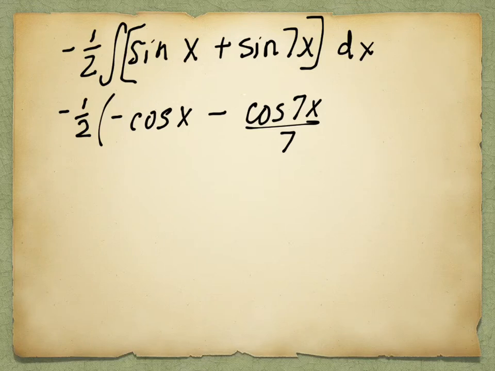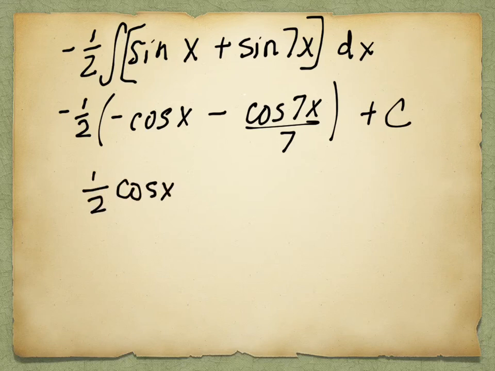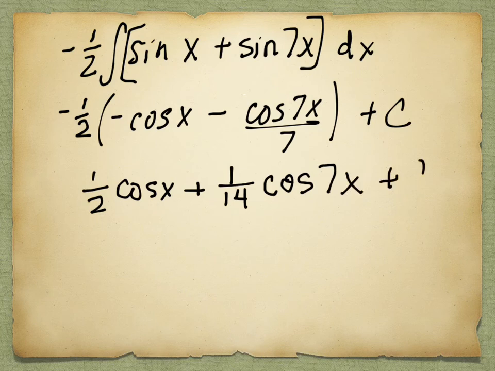If you were taking the derivative, it would end up being multiplication, right? Chain rule here, right? Okay. And then I have a plus c on here at some point. I can distribute with my negative 1/2, which is just great that it's negative now because I'm going to end up having no negatives, aren't I? This is 1/2 cosine x plus, I'll write it as 1/14 cosine of 7x plus c.